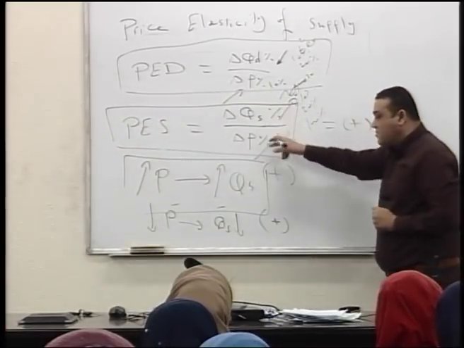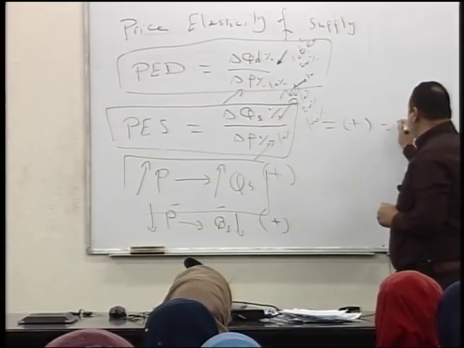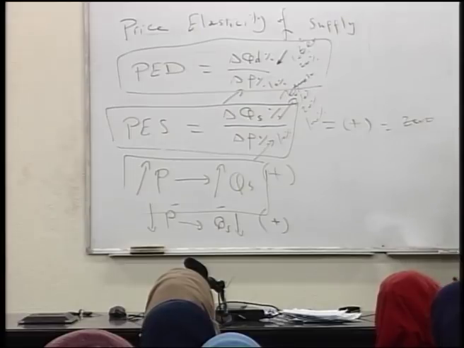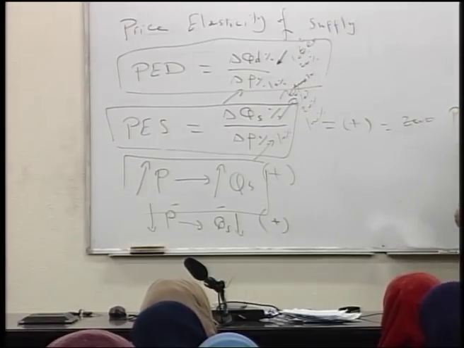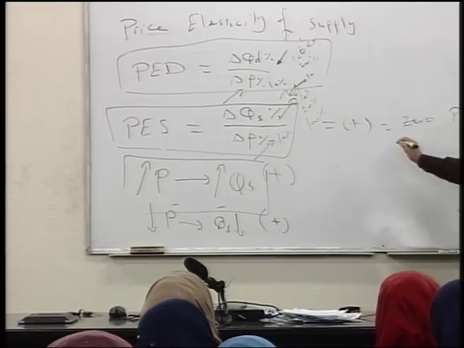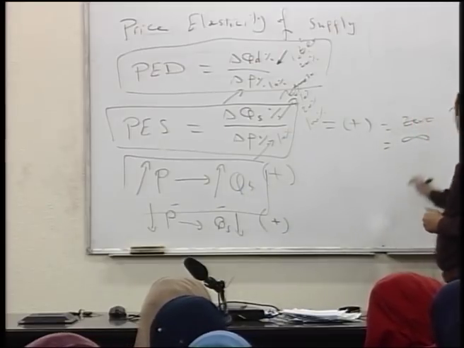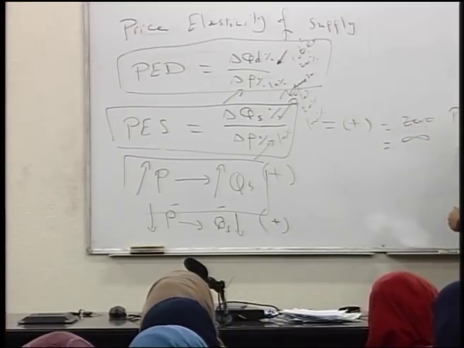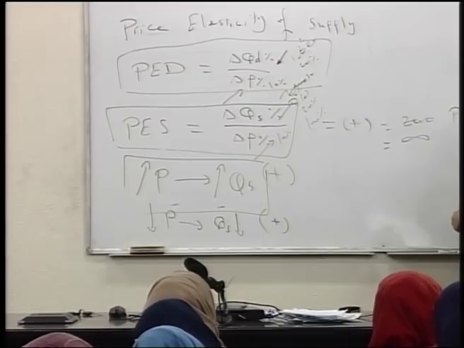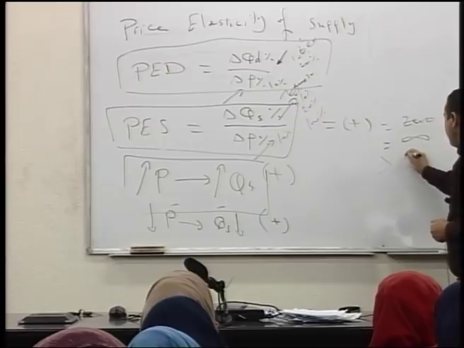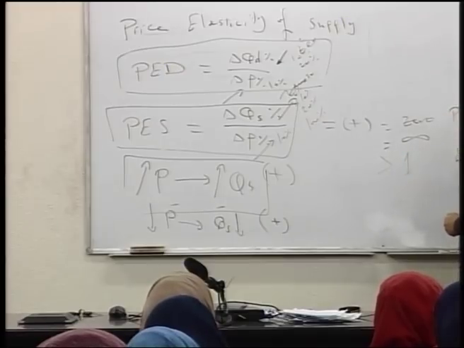The price elasticity of supply might equal 0. In this case, it is perfectly inelastic supply. Equals infinity, perfectly elastic supply. Bigger than 1, elastic supply.